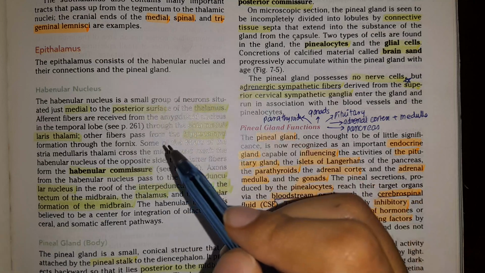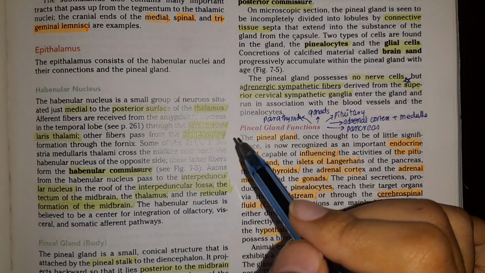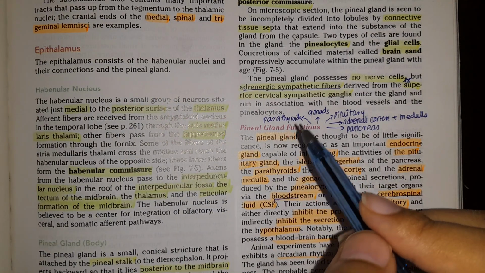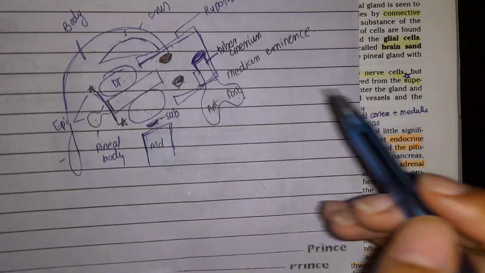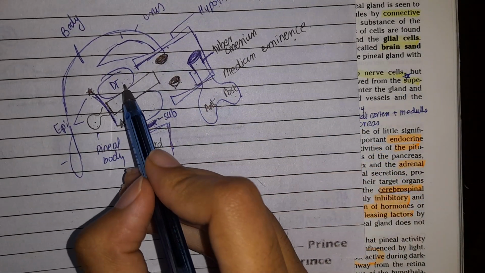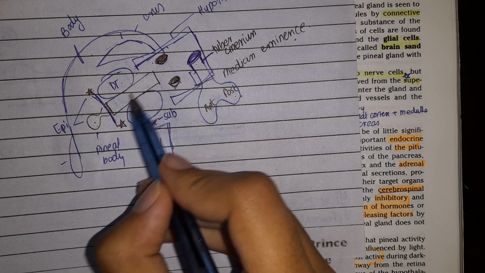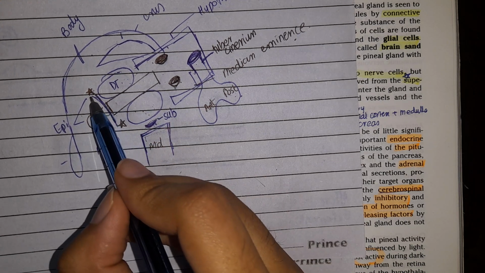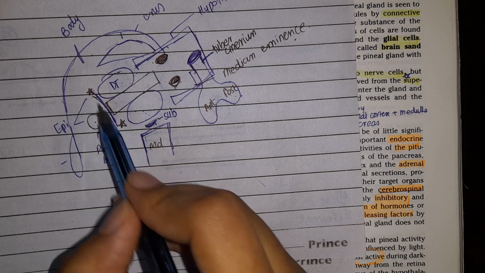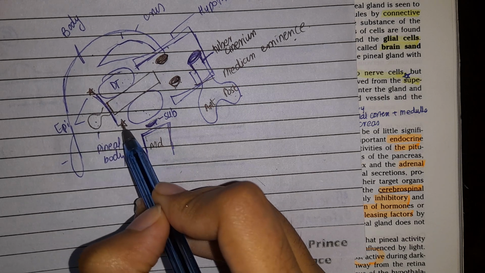If you have been following the whole video about the cerebrum and the diencephalon, you know this schematic diagram that I started with. These were the thalami, and between them there was the third ventricle. Posterior to the thalamus, superiorly, we have the habenular nuclei, which are two in number.